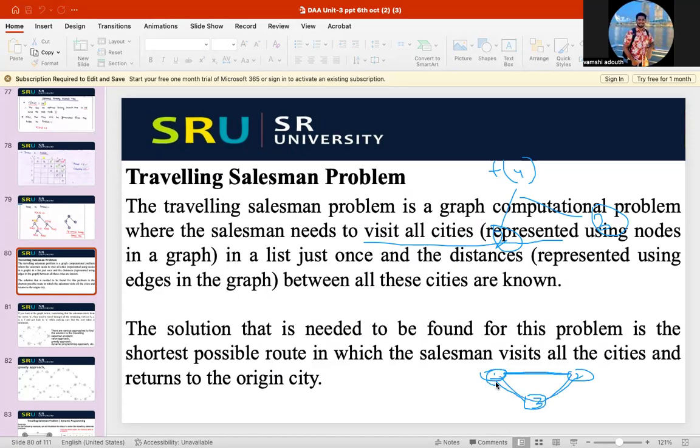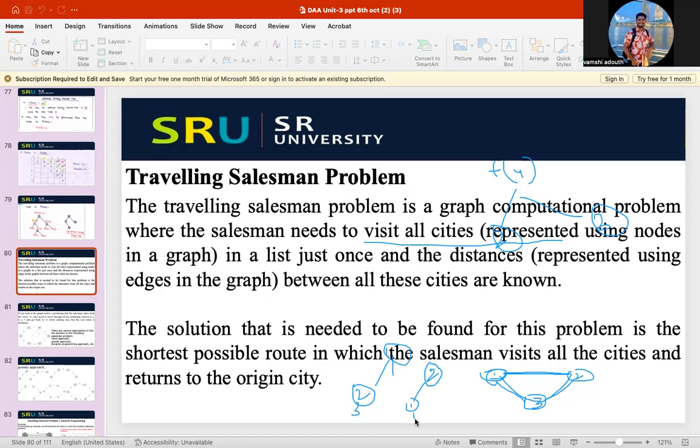So for these cities, now what are the possible ways to travel this graph? One, he can go first 2, then he can go to 3. Likewise, if he starts from 2, he can go 1, then 3.